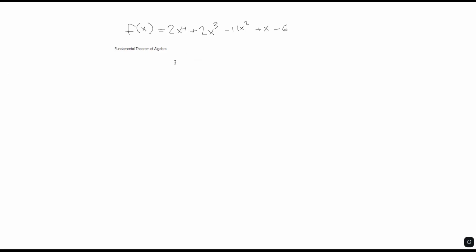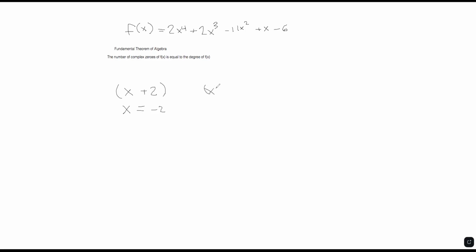For the sake of time, I'm just going to summarize it real quick. So it tells us that the number of complex zeros or roots of f of x is equal to the degree of f of x. Remember that a complex zero includes real zeros and imaginary zeros. So for example, if this is one of the factors, this would be a real zero.